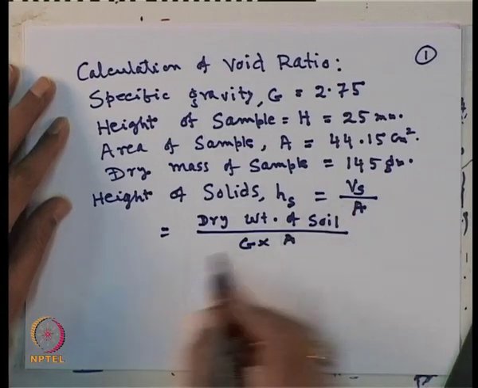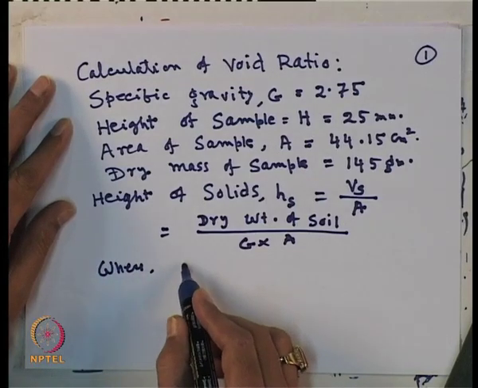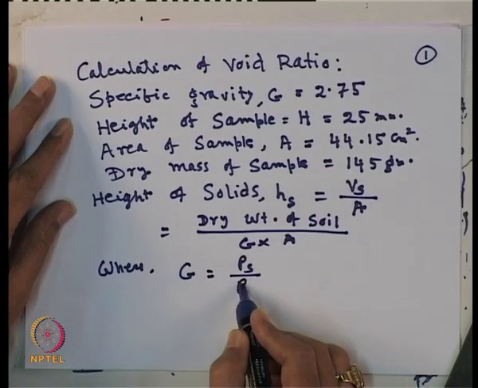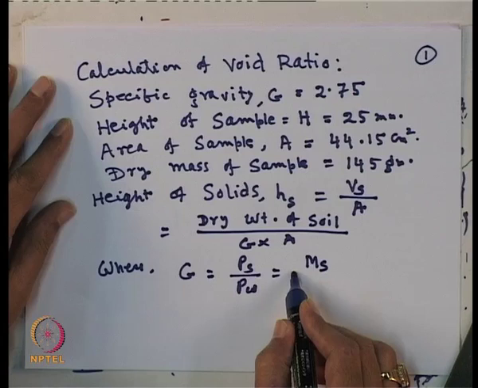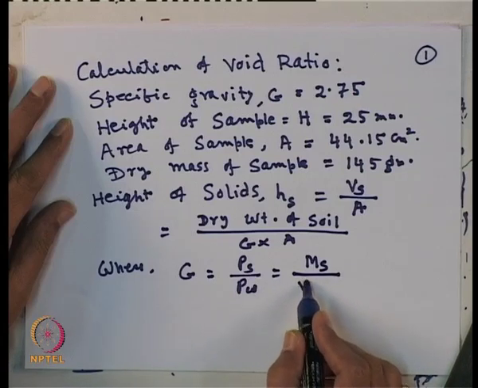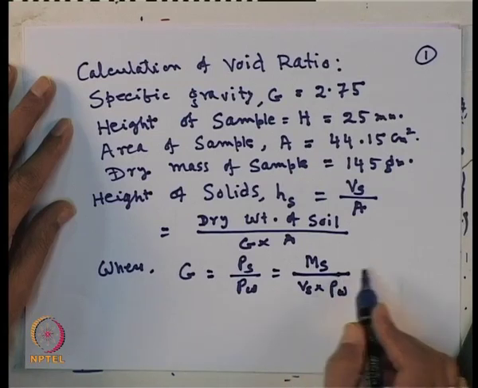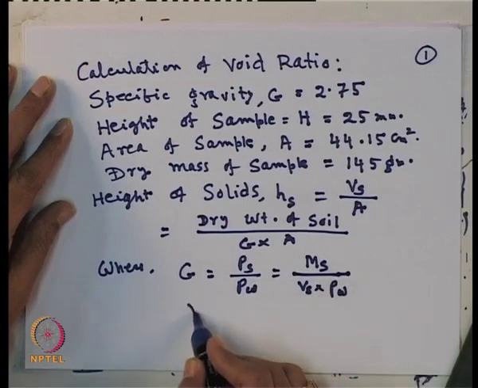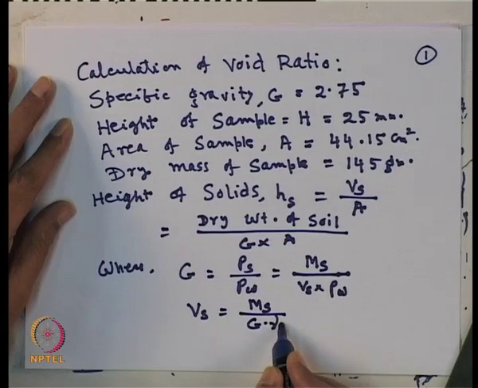Where V_s, you know that G is equal to rho_s by rho_w, which is M_s divided by V_s into rho_w. So, you can write that V_s is equal to M_s divided by G gamma_w.